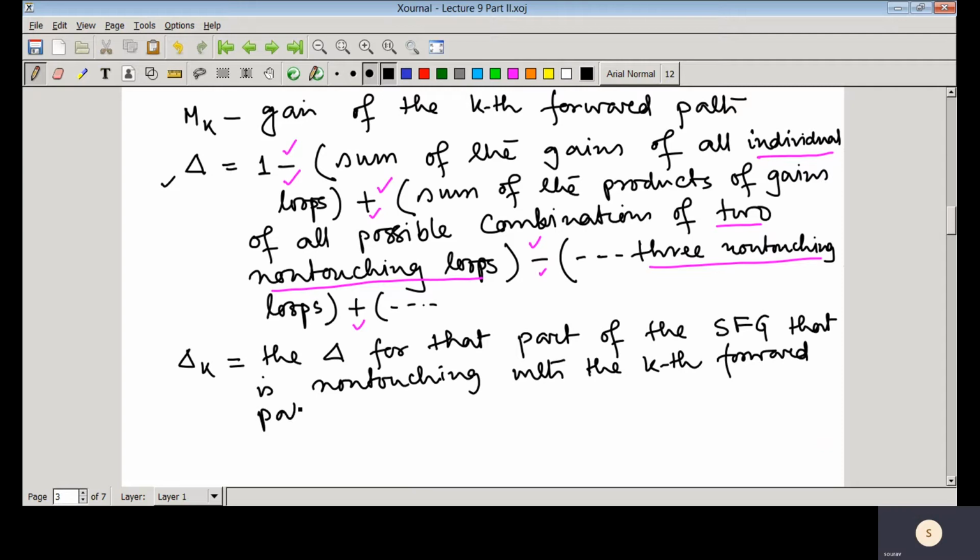I think this particular Mason gain formula would be clear whenever we see one example. So let us first see that example, then if you have any doubt, I will be discussing it again.